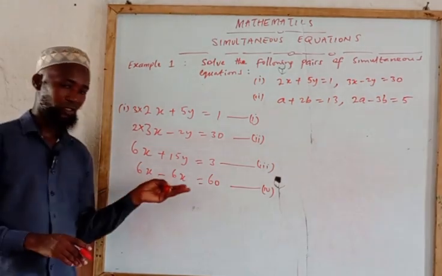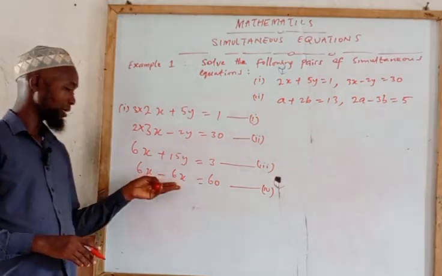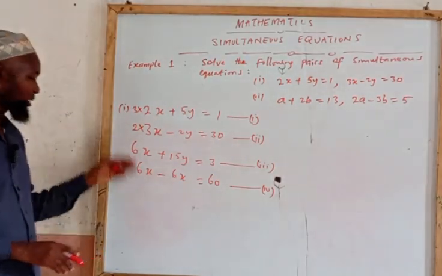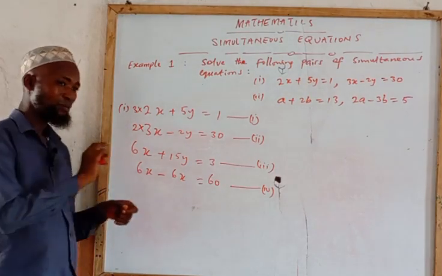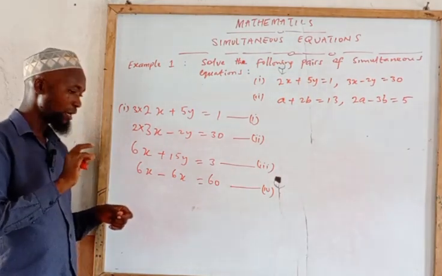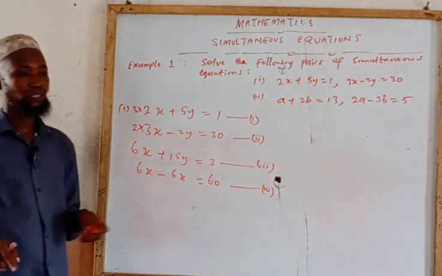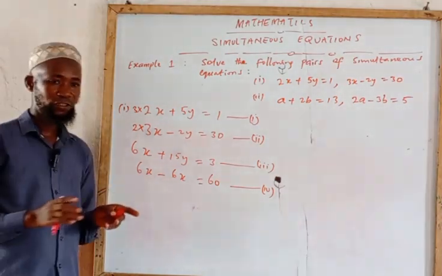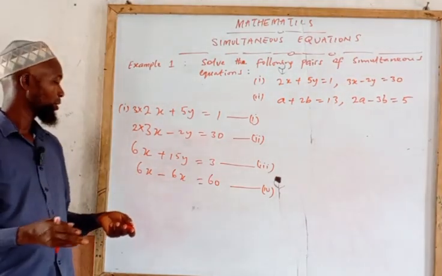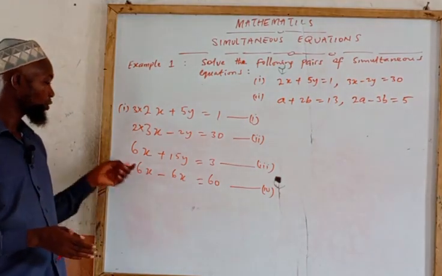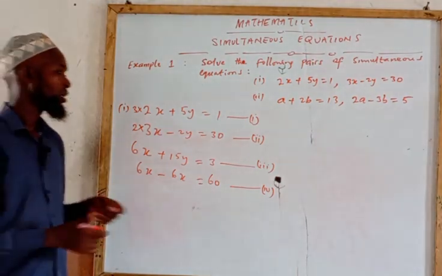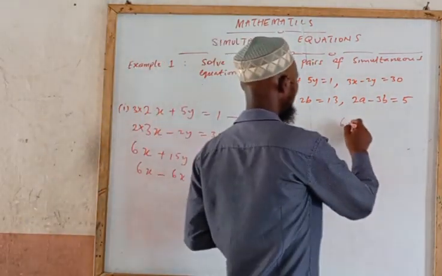So with these little adjustments that happened here, we can see that the x we devote our attention to now contains the same coefficients. Once they contain the same coefficient, then the next step of action is to ensure this cancels this. Now I have 6x in the first equation.